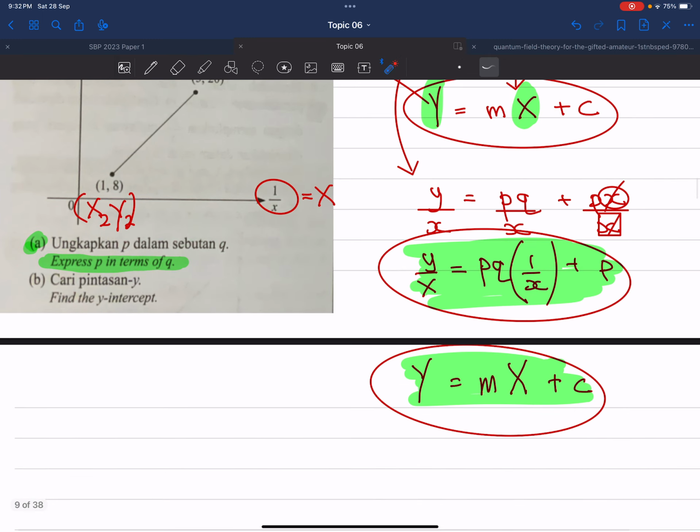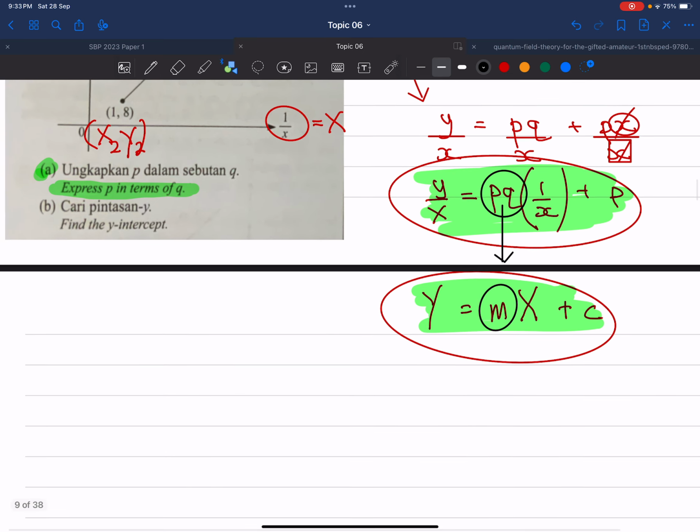If you compare, pq is actually the gradient M. Y over x is capital Y, 1 over x is capital X, and p is the C, the y-intercept. So now we have our gradient equals pq.